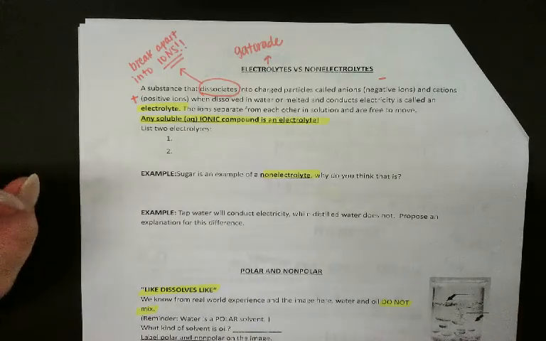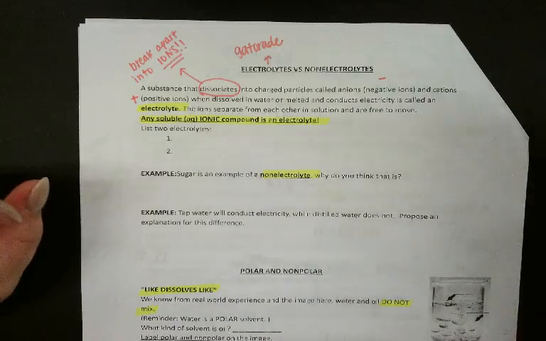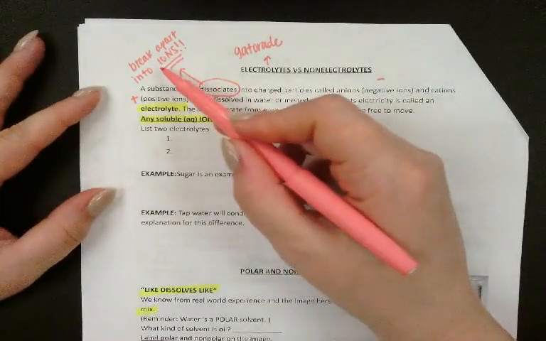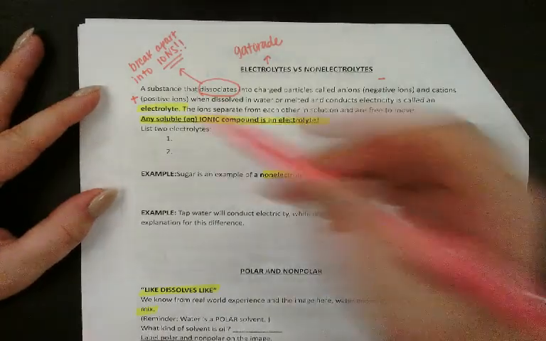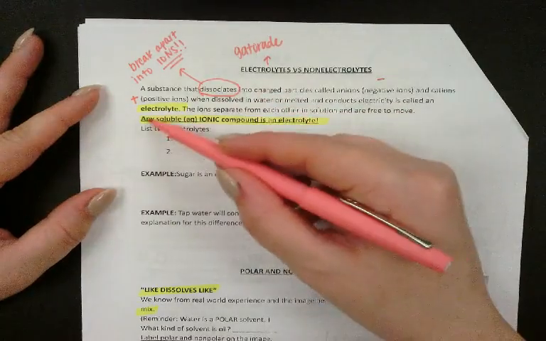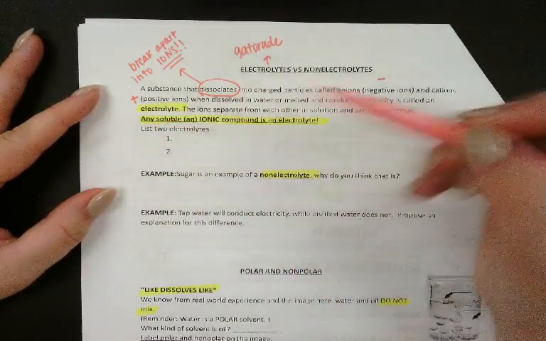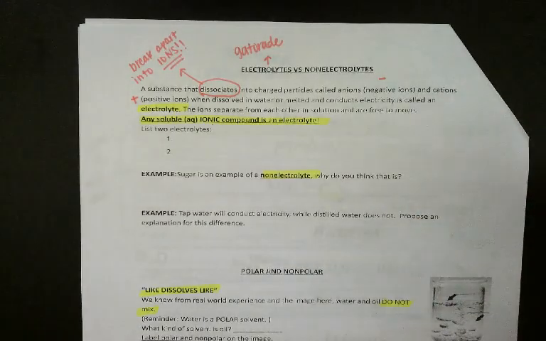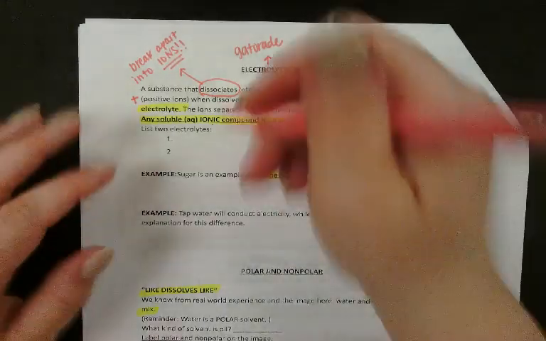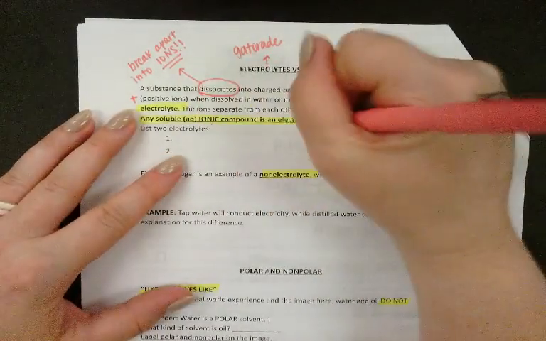Okay, so in order for something to be an electrolyte, they have to break into their ions. In order for something to break into ions, that means that they have to have a charge. So a helpful hint is any soluble, which means it can dissolve in water, ionic compound is an electrolyte. Now, how we can figure that out is we know, for starters, an ionic compound.